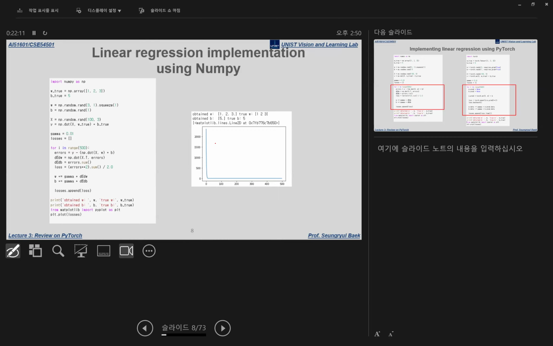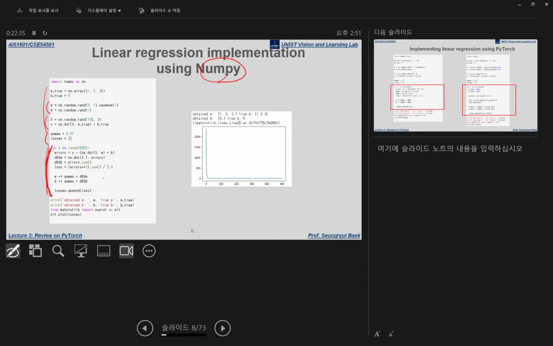So if you use only NumPy, then you also have to make W true, B true, randomly initialize W and B, and also generate some X and Y pairs, 100 pairs, and set this gamma and loss function.